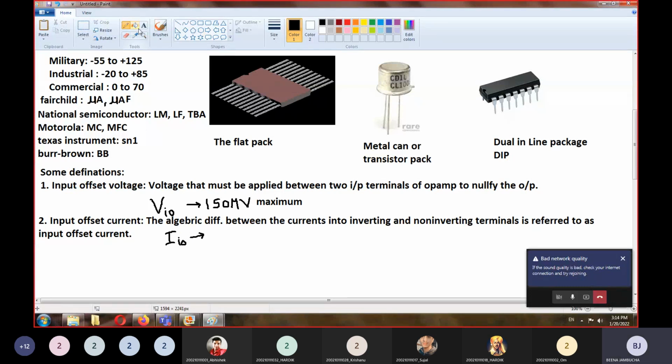And actually you can also say that this value will be IB1 minus IB2. And as it says that it is the algebraic difference, we will have to just take the amplitude, right? So what is IB1 and what is IB2?